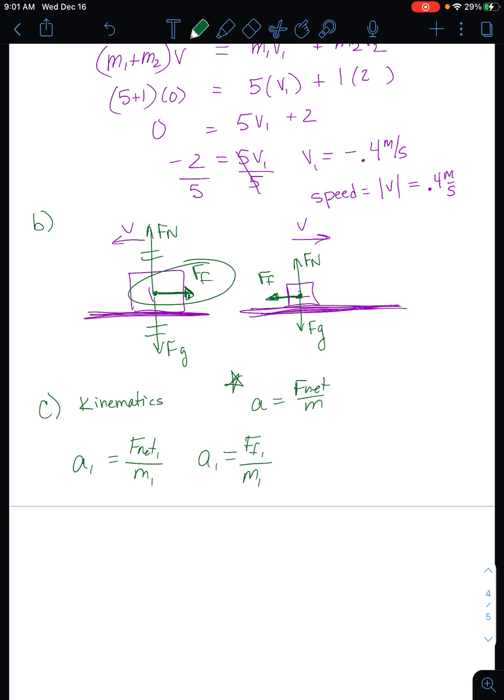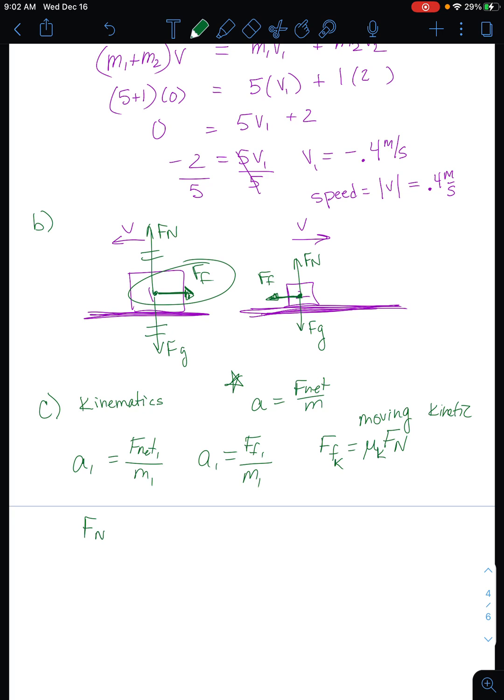So now I need to solve for what that force of friction is. And force of friction is equal to mu times the normal force. And because it's moving, we're going to use kinetic friction. This is mu k, and this is the force of kinetic friction acting on it. And so now I need to know what the normal force of this block is.